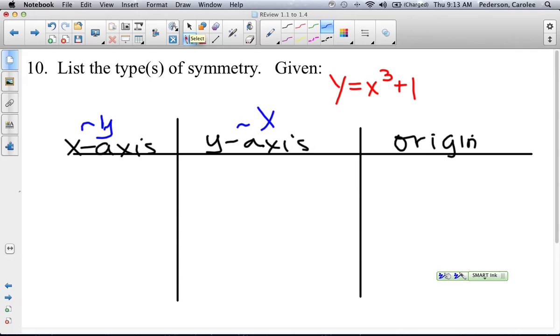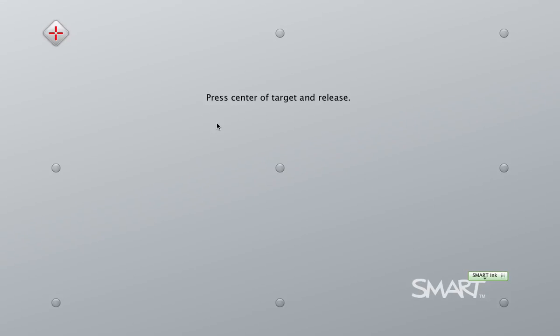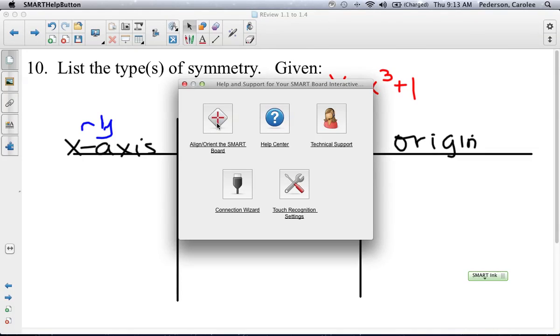Oh, come on. Oh. Technology. It's got its goods and its bads. Put that somewhere else.